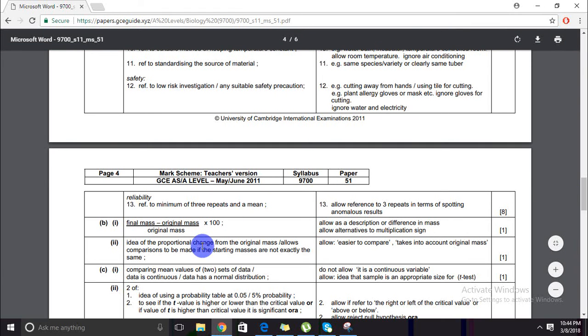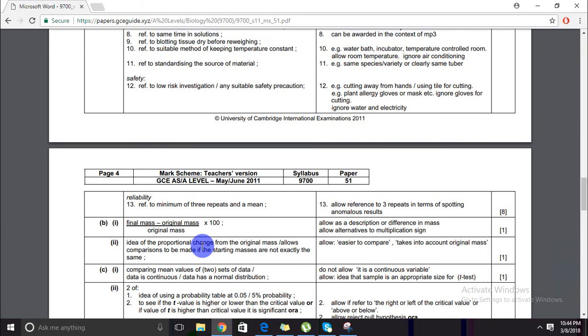Idea of the proportional change from the original mass, allows comparison to be made if the starting masses are not exactly the same. This is a really good way of expressing what I found a bit hard to do, so I'll write this down.